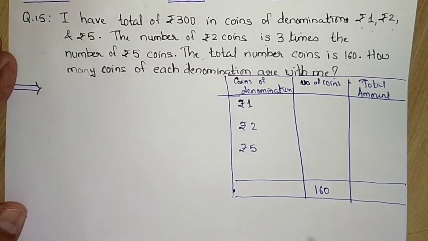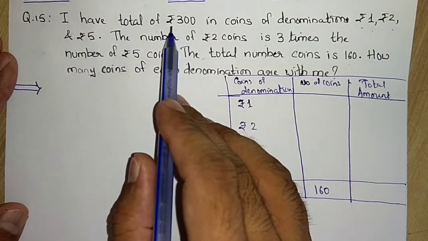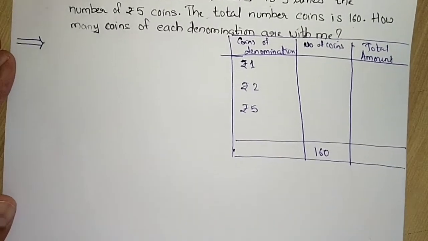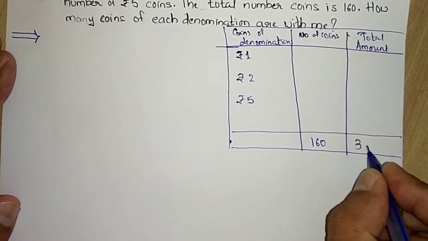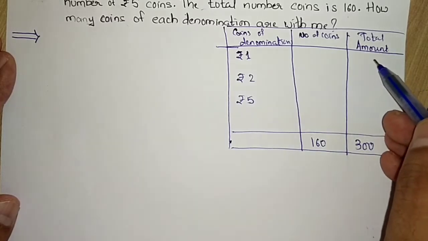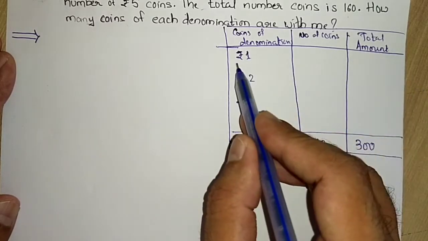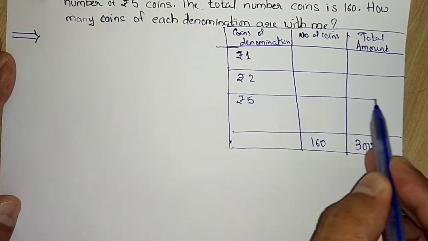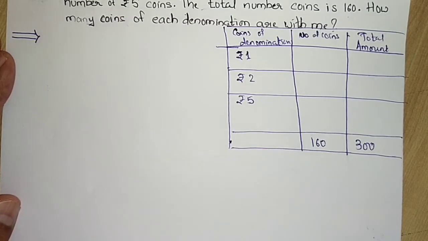They have told us that the total amount is 300 rupees. So I am writing here, total amount is 300. Now this amount is made up of the individual amounts of rupees 1, rupees 5 and rupees 2.